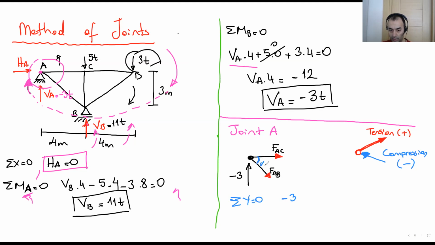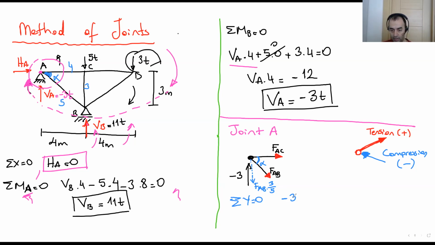There is an angle here, let's say alpha. Dimensions are all here: 3 meter, 4 meter, this is 5. This component is FAB times sine alpha. Sine alpha is 3/5, according to this triangle given.